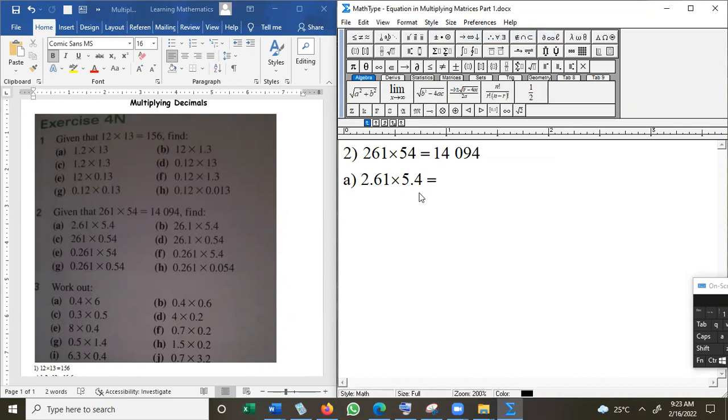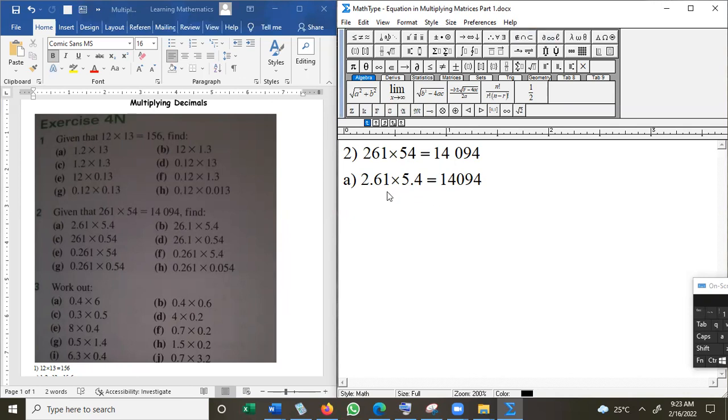So let's count the number of decimal places, because as you can see, 2.61 times 5.4 have the same sequence of numbers, 261 and 54. Also, the answer must have 14094. But how many decimal places?